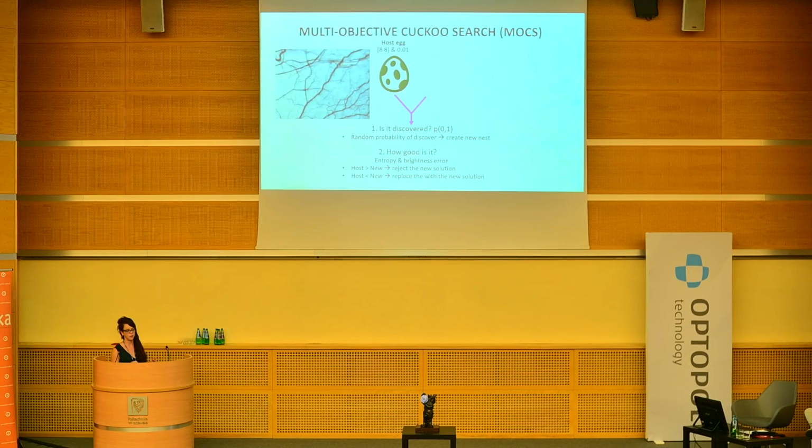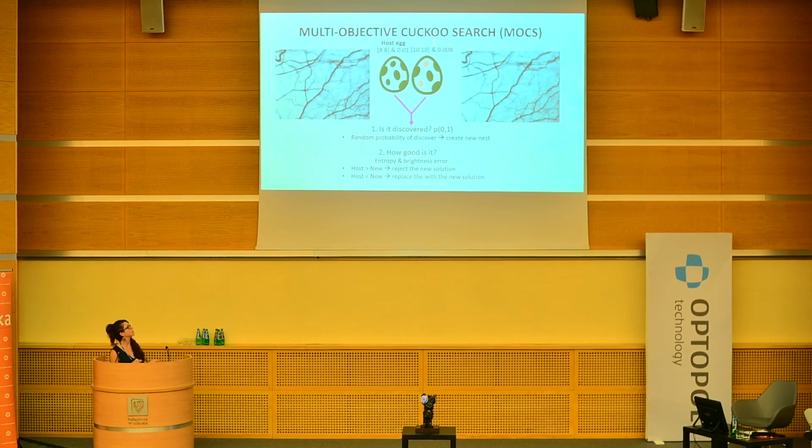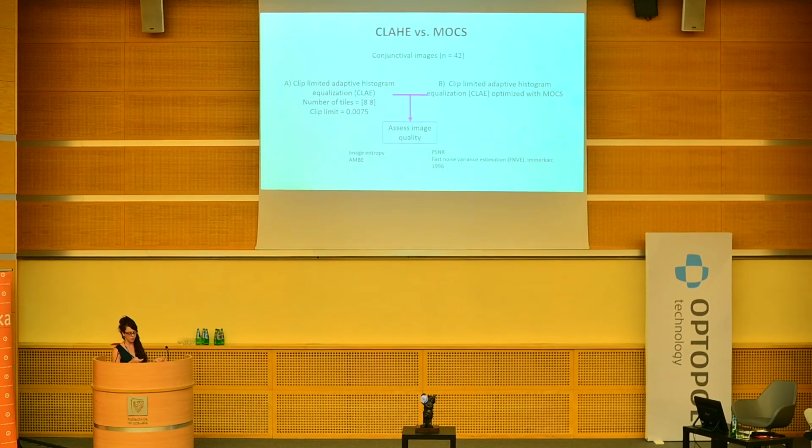It's an iterative algorithm, so this is done a number of times. We have a new egg with different parameters, and we assess the same criteria. In this case, we see that the new egg is actually better than the host egg. So we reject the host egg, and we keep the cuckoo egg.